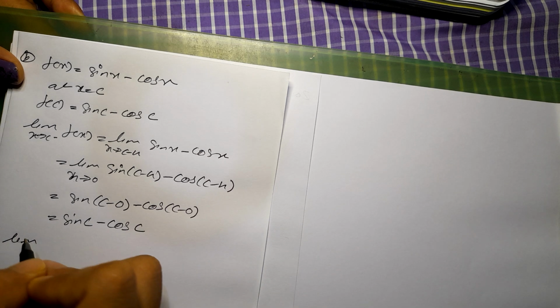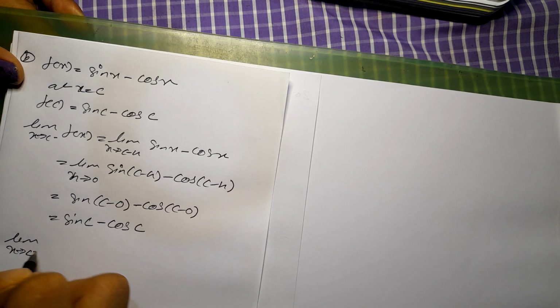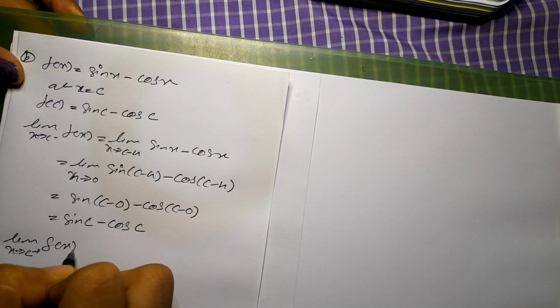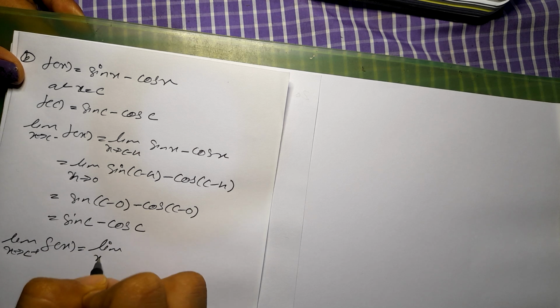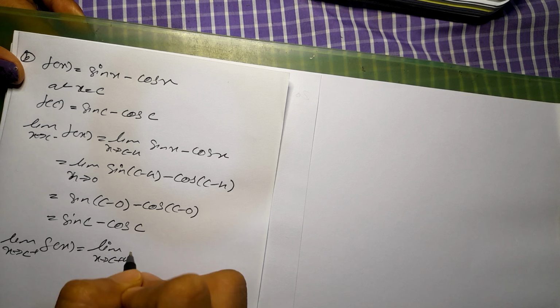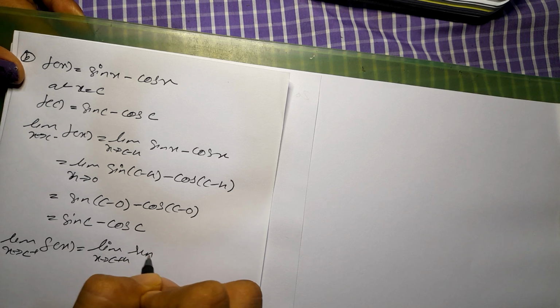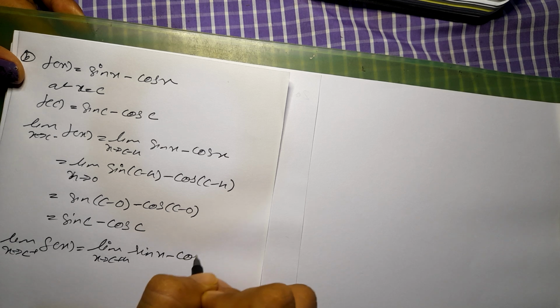Now right hand limit x tends to c plus f of x is equal to limit x tends to c plus h, that is right hand side of c. Function will remain the same, sin x minus cos x.